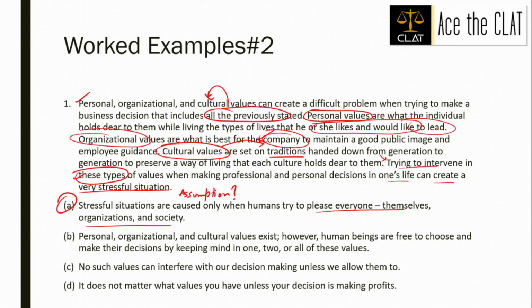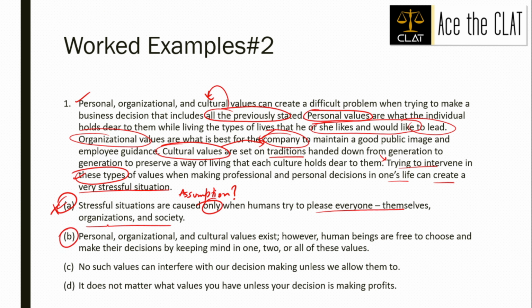Well, the author does not assume this statement because he merely says that these three values can create a stressful situation for a personal or professional decision. This argument does not seem to fill the gap, right? It only says that stressful situations are caused only when humans try to please everyone. Nothing related to this is mentioned, nor does the argument require this statement to be absolutely true, right? So this is not our correct option.